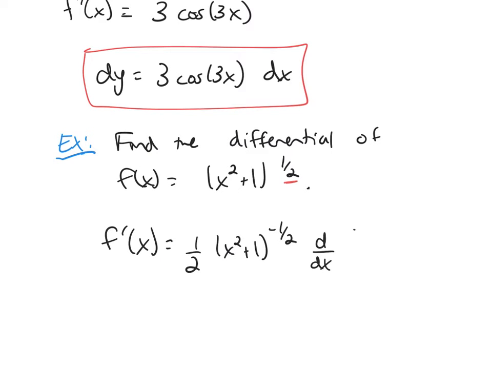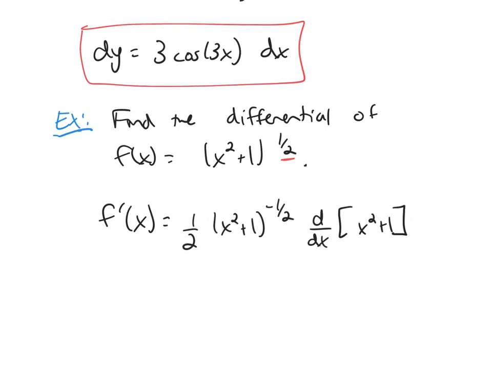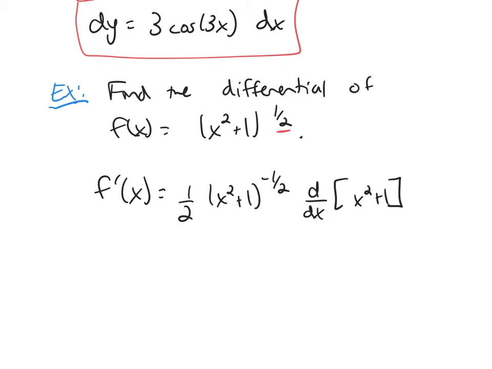The chain rule says you have to multiply by the derivative of the inside. What's the derivative of x squared plus 1? It'll be 2x. And I can now cancel the 2's.